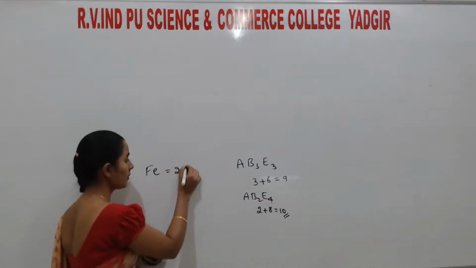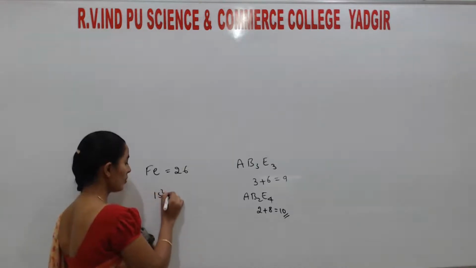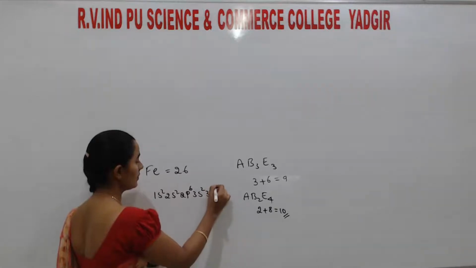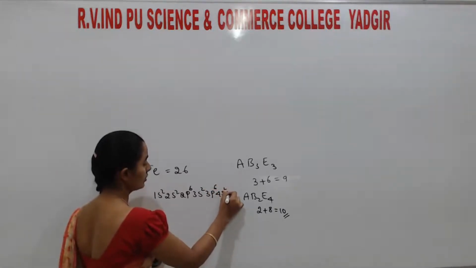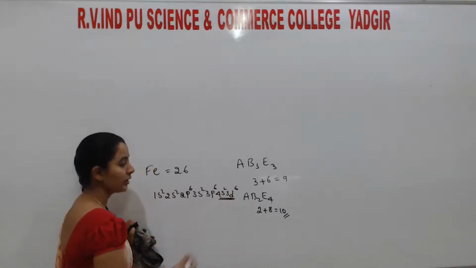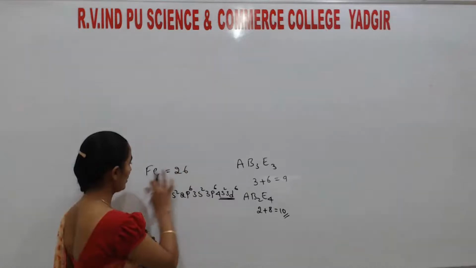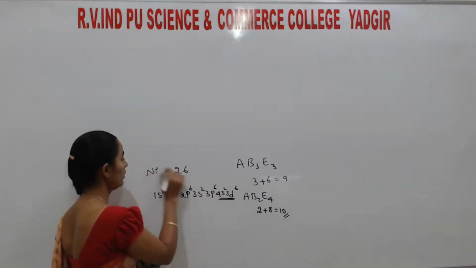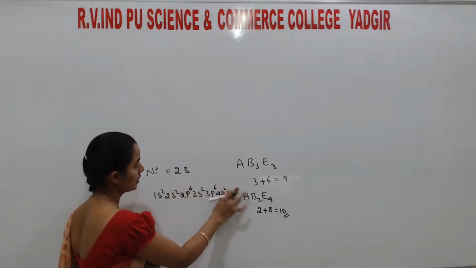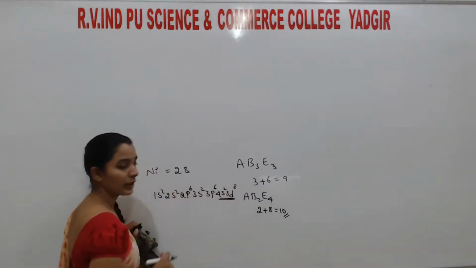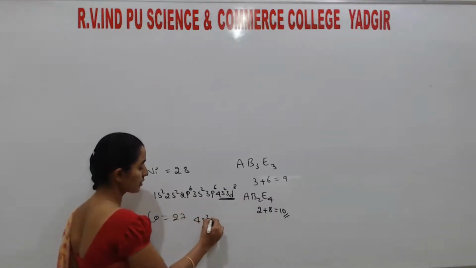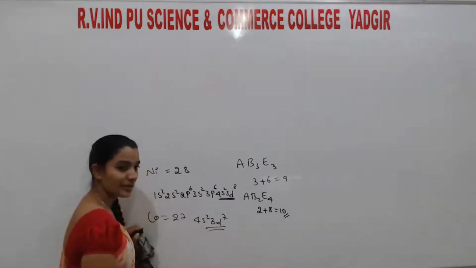Fe atomic number is 26, configuration is 1s2, 2s2, 2p6, 3s2, 3p6, 4s2, 3d6. So this is the valence electron, 4s2 3d6. Later you take nickel, that is 28. That is 3d8, then it is a 10 electron system. Cobalt, if you take, that is 27. Outermost configuration 4s2 3d7, that is 7 electrons.